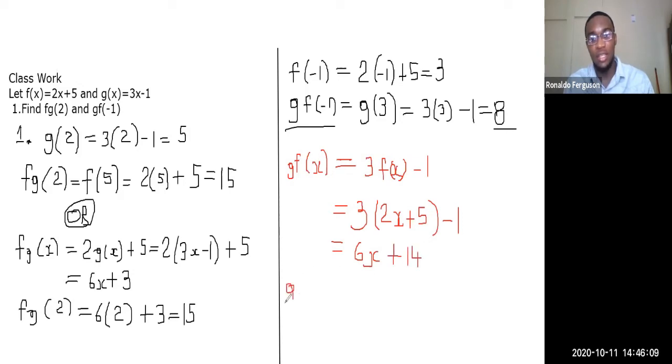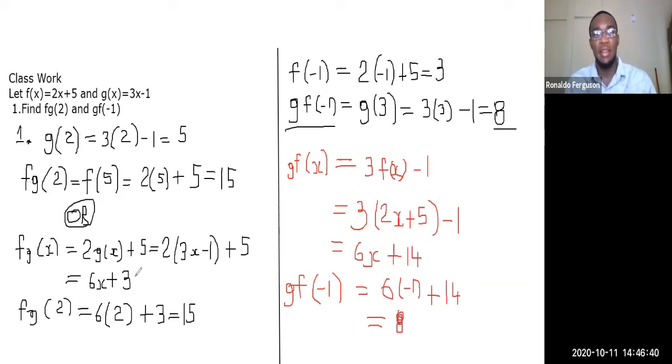And so gf of minus 1 is going to be 6 times minus 1 plus 14, which is negative 6 plus 14, which is 8. So either way you do it, the result is 8.